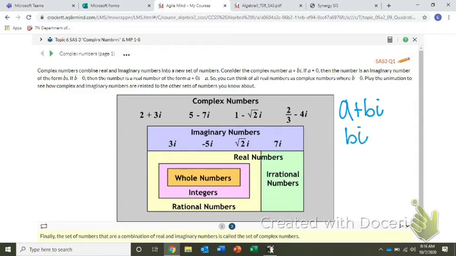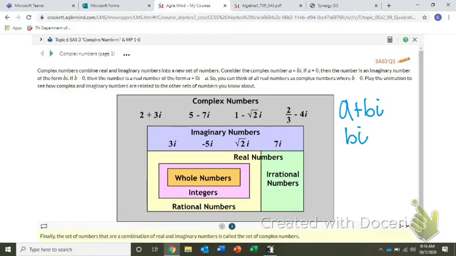All right, so on your paper, you've got some boxes. Okay, in that first box, what kind of numbers are they? Complex. They're complex. So go ahead and fill in complex numbers for that first box. In the second box, those numbers just include the I, so those are just considered what? Imaginary.